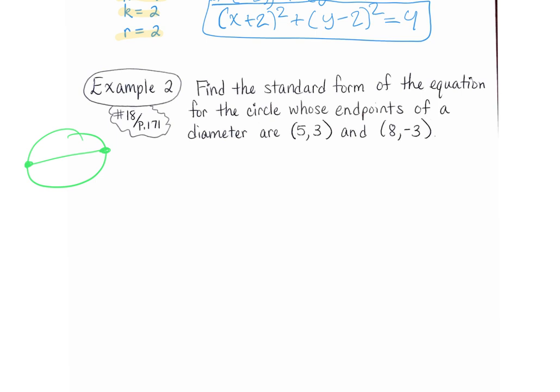The diameter. What else can we also get? The radius, but what do we have to know to get the radius? The midpoint. The midpoint of that diameter would be where?